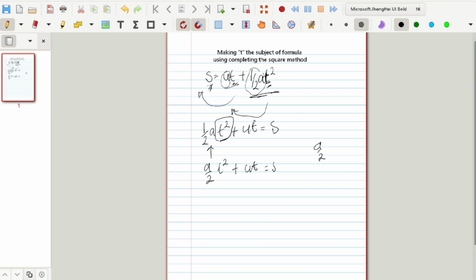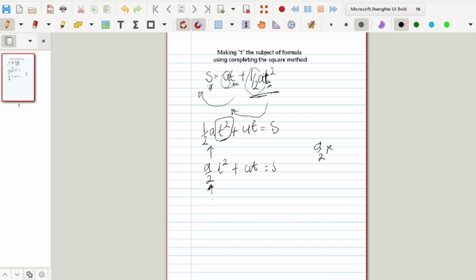The reason why we're dividing through by the value of the coefficient of t squared is to make sure the coefficient of t squared is 1. And we can also multiply by what they call the multiplicative inverse.